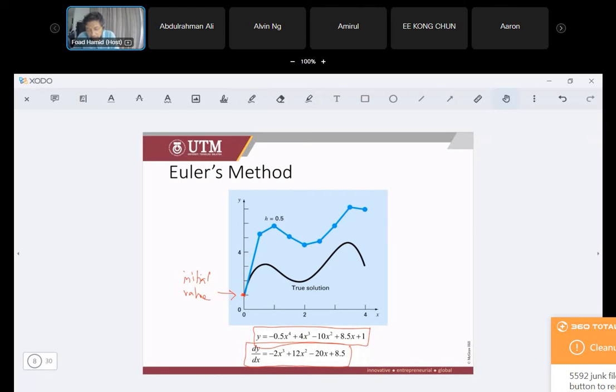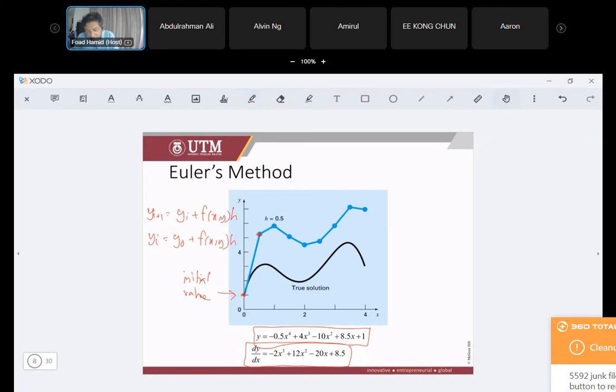And when we use h 0.5, note that yi plus 1 equals yi plus f(x, y) times h. So in this case, our y1 equals y0 plus the slope times h.